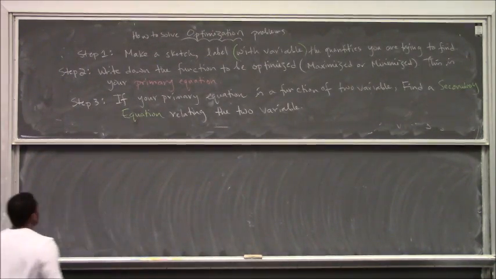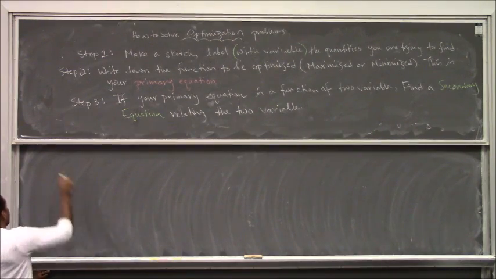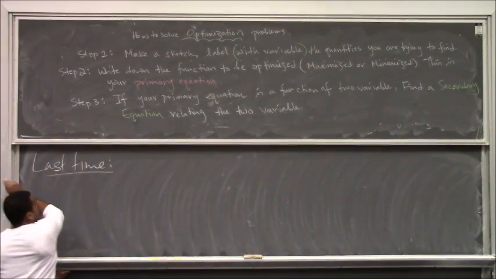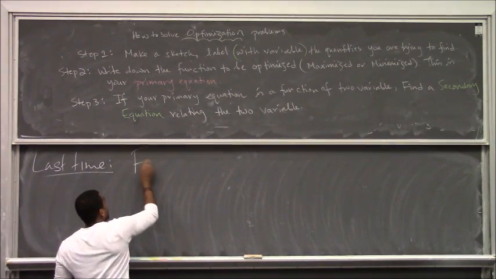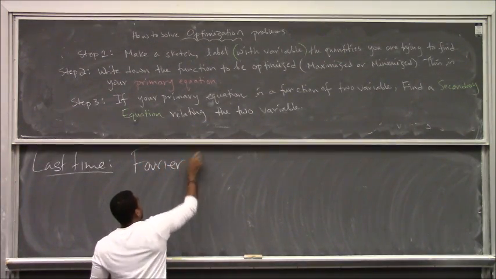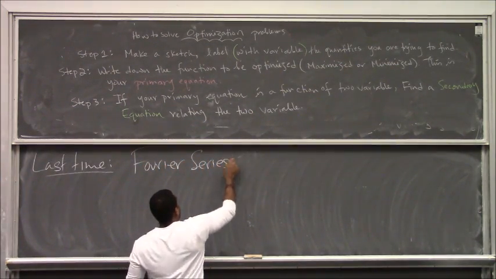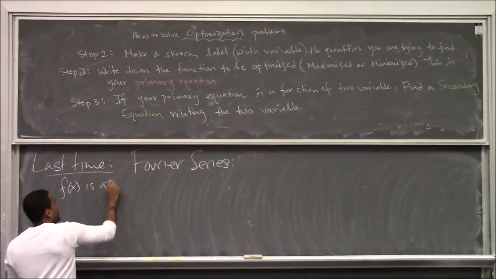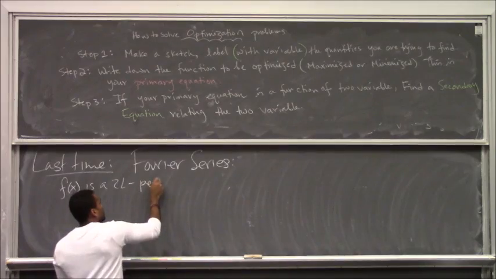So, let's actually continue. Last time, we looked at how to construct something called Fourier series. So f of x is a 2L periodic function.